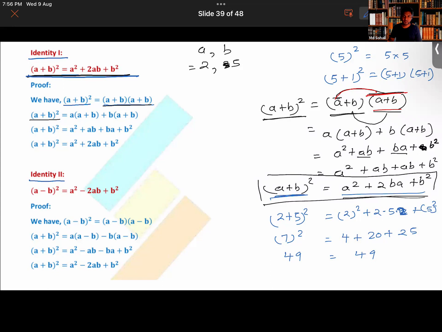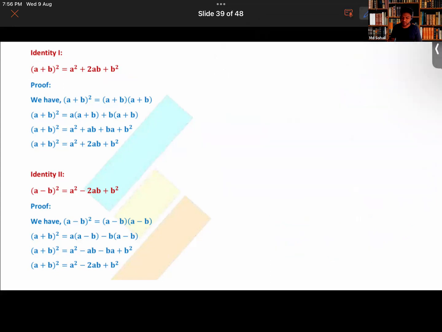Okay. Now for identity number 2, that is A minus B whole square equals A square minus 2AB plus B square. So that is the identity here.